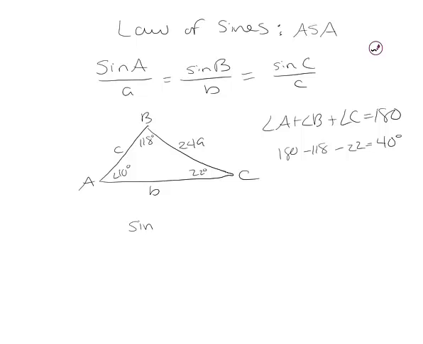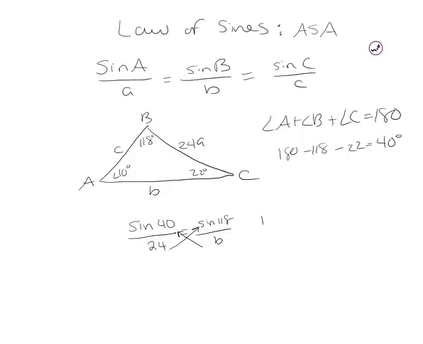So the sine of 40 divided by the opposite side is equal to, and it just kind of depends on what we want to solve for first. I'm going to use the sine of 118 and solve for little b first, and then we can solve for little c after that. This is basically two ratios set equal to each other, so the way we solve is by cross multiplying.